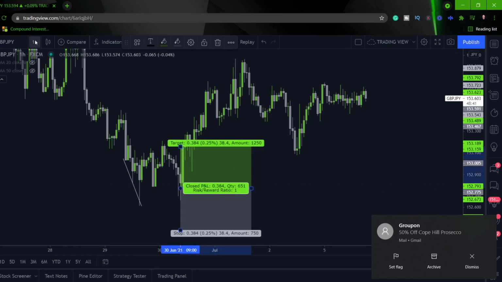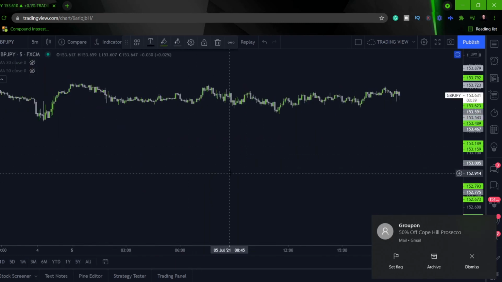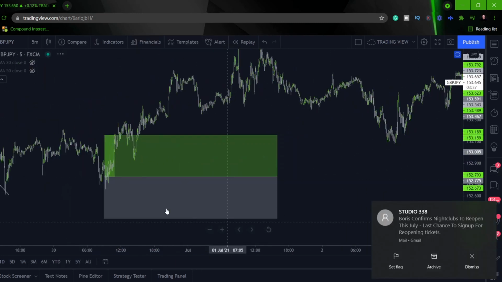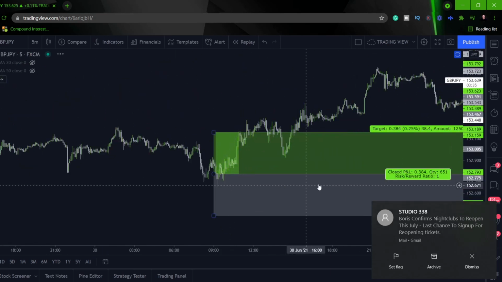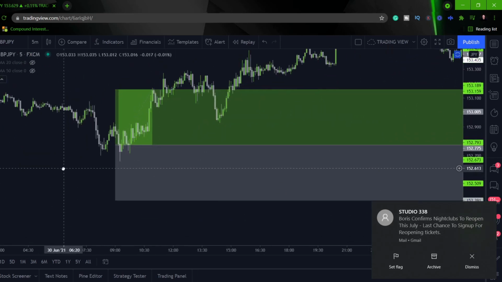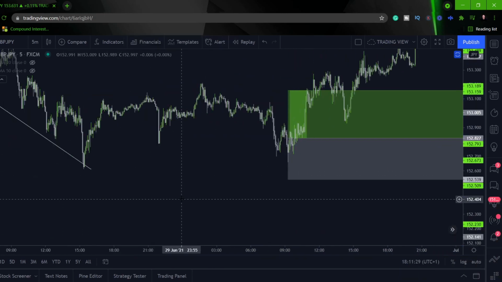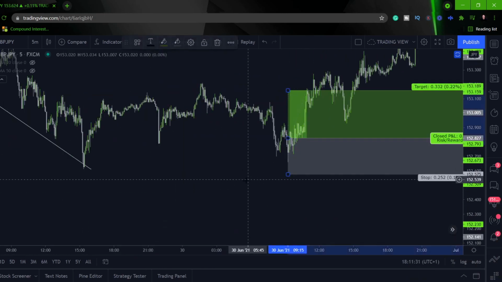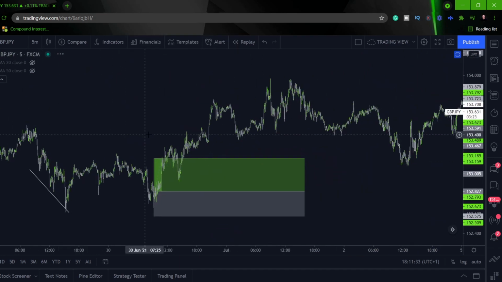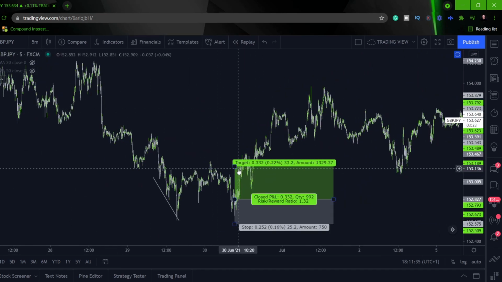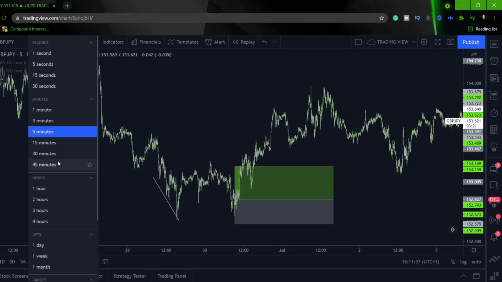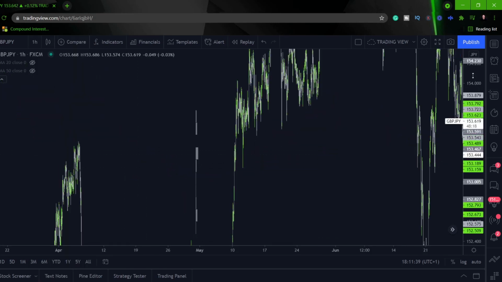Giving us a nice entry on a lower time frame. It was around about the London session, I'm pretty sure. It was around here somewhere, right? Got involved somewhere around there. Targets below them lows, okay. Target one's at a 2-to-1 on the hourly.